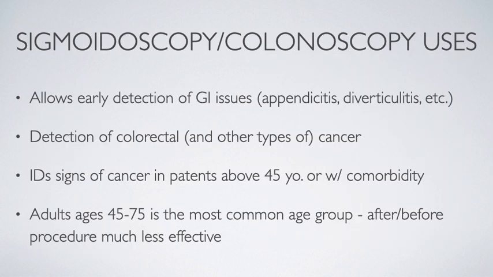So this allows us to identify early signs. So yeah, appendicitis, you can view the appendix, diverticulitis, polyps, colon cancer. I feel like after 45, you always hear men and women, mainly men, go and start getting them. Seems to be a painful kind of procedure.